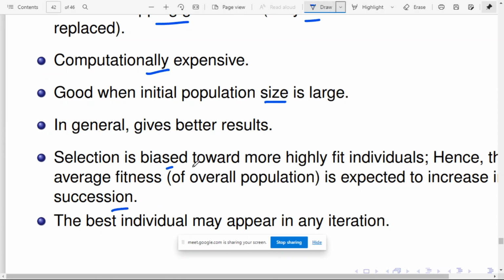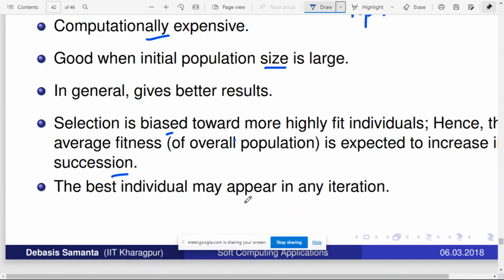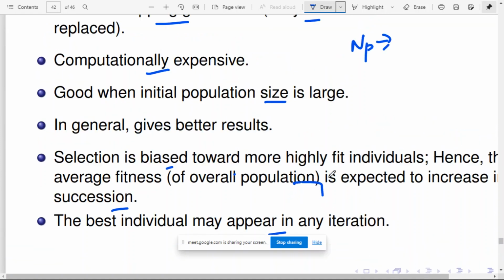That is true, because in each iteration we identify NP individuals with good fitness scores. We are not randomly picking the NP; we pick them with good fitness scores. Only their mates we pick randomly. So it is highly likely that after a period of time the overall fitness score of the population will increase. The best individual may appear in any iteration. Best individual means best solution, because every individual corresponds to a solution.